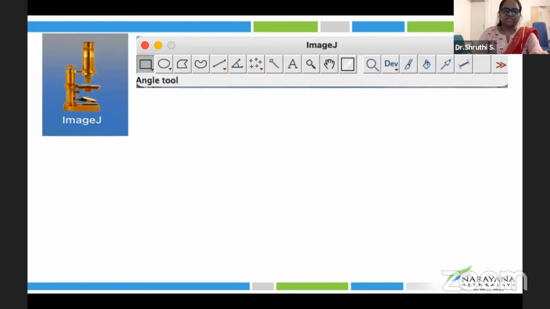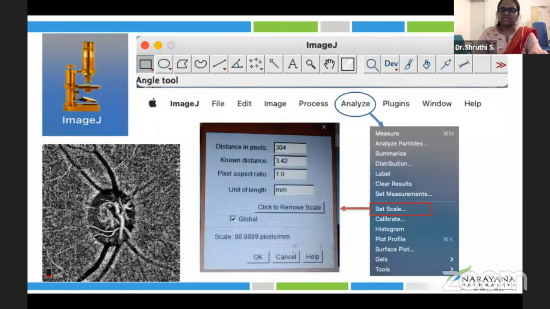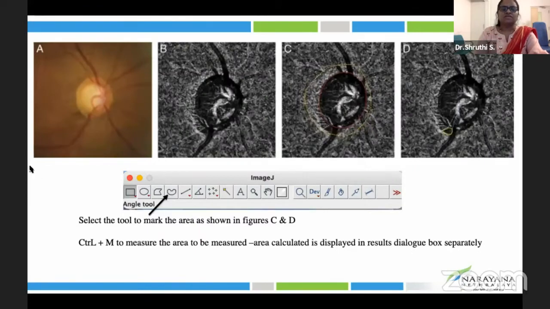As soon as you install the software, you can see this toolbar. So we should import the choroidal slab that has to be marked for the dropout area. Then set the scale. Once the scale is set, you have to use the freehand marker and mark the area which has to be measured. For example, we can measure the optic disc area, peripapillary atrophic zone, and the dropout area as seen in C and D images.